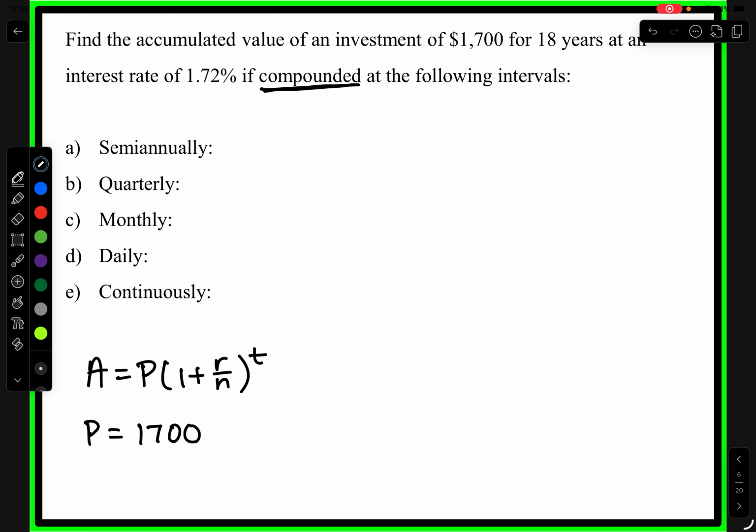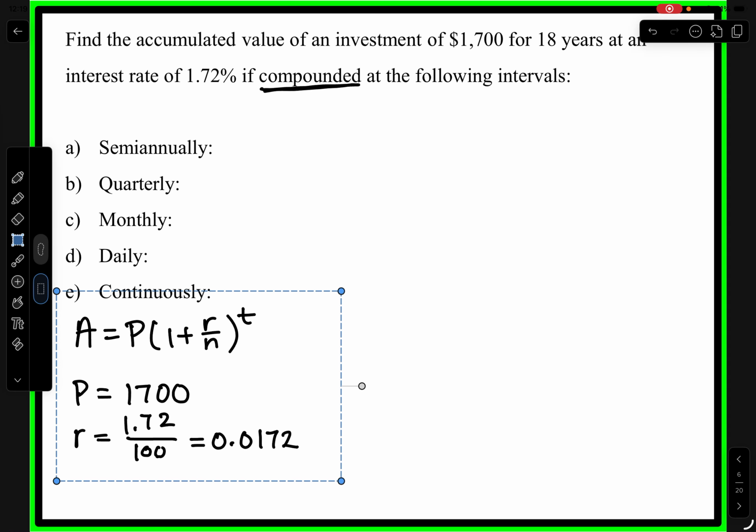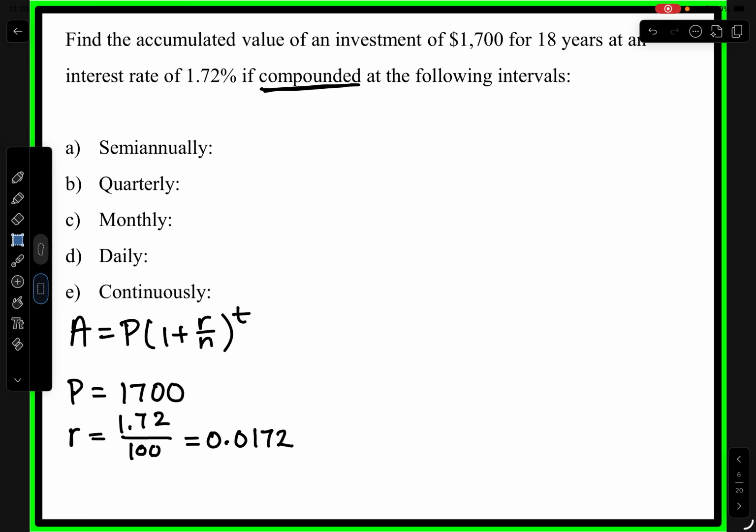The value of R is 1.72%. So out of 100, that gives me the decimal value of 0.0172. And lastly, the value of T, which is going to be the years, is going to be 18 years, okay?